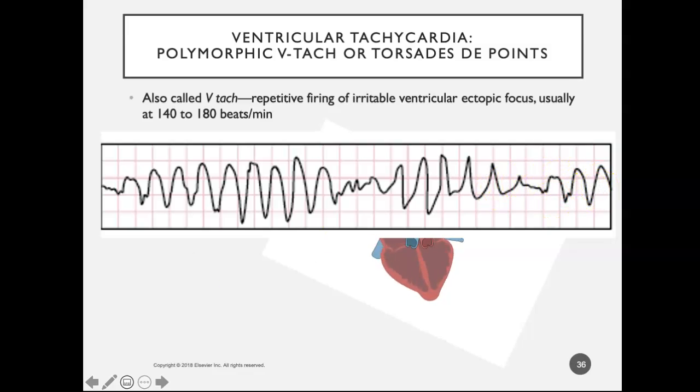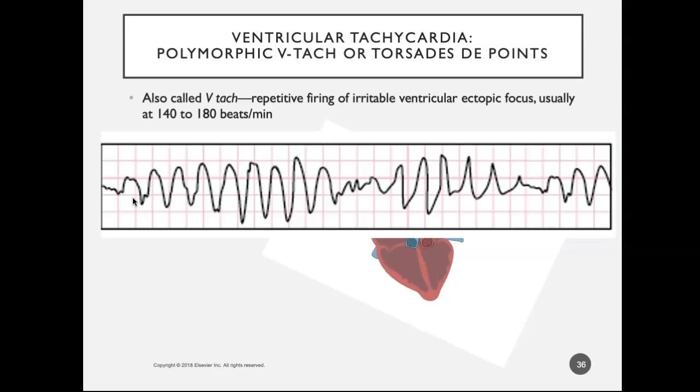It is a ventricular tachycardia, and remember we talked about the ectopic foci, or the irritable spots in the ventricles that take over. Instead of just having one spot, this one has multiple spots, and it's traveling around a little bit, which is why you see it going from narrow to wide and back and forth. The technical term is polymorphic, which means many forms. It's coming from many spots.